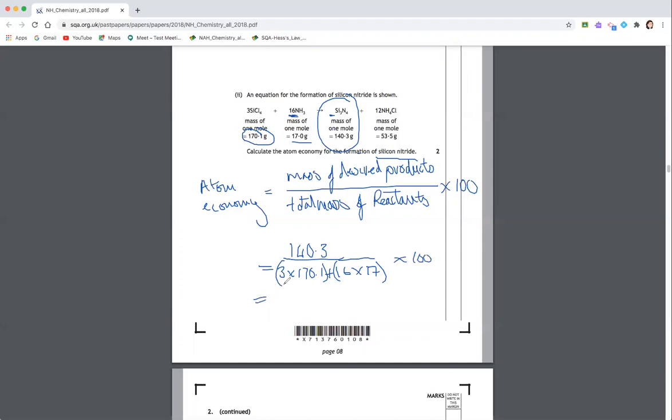If you put that into your calculator, you would get 140.3 over 782.3 times 100, which altogether gives you 17.9%. Okay, that's that one.